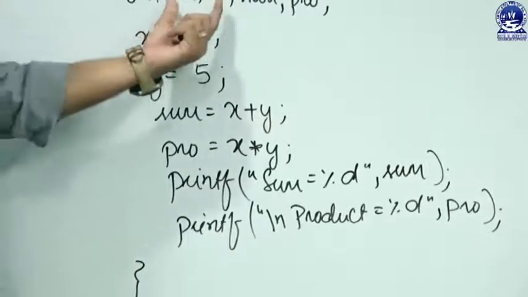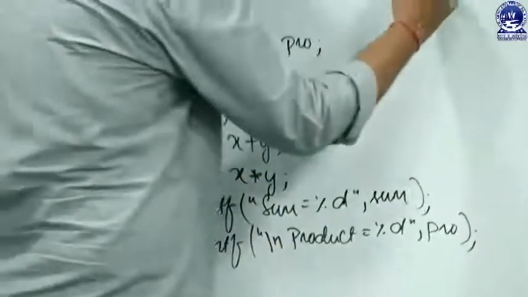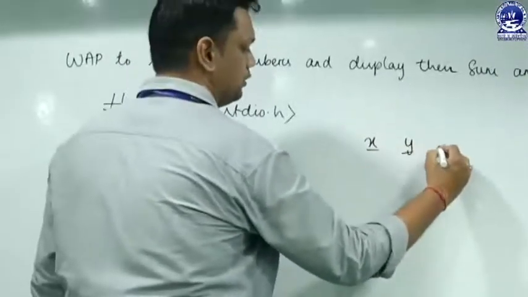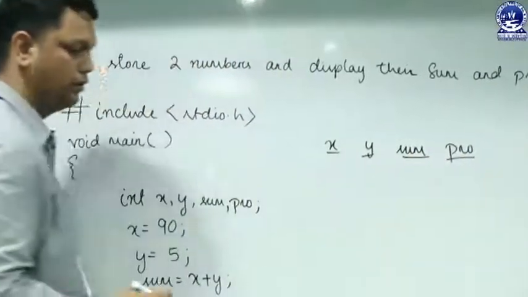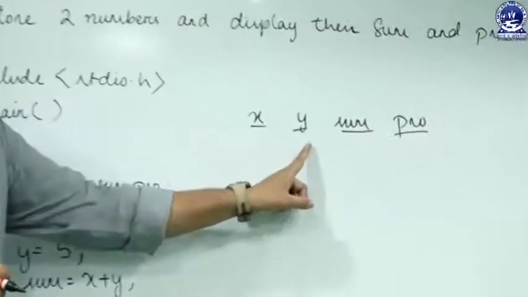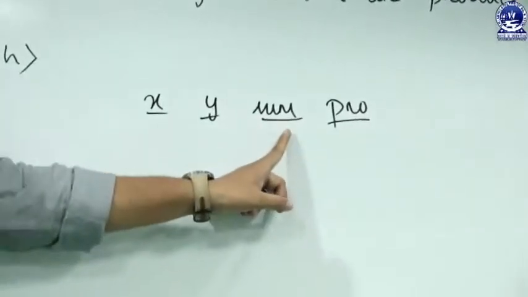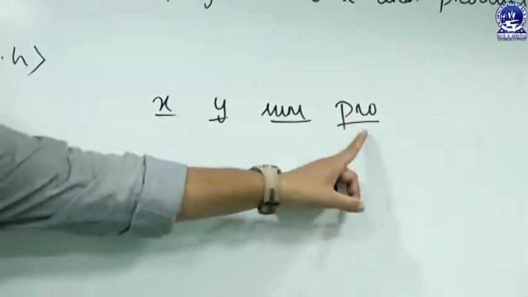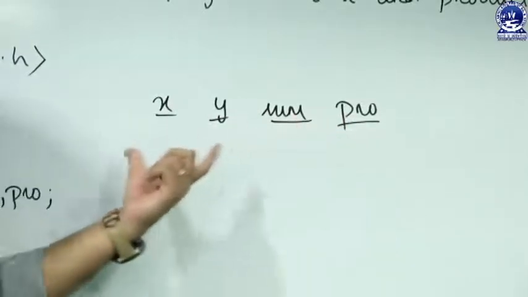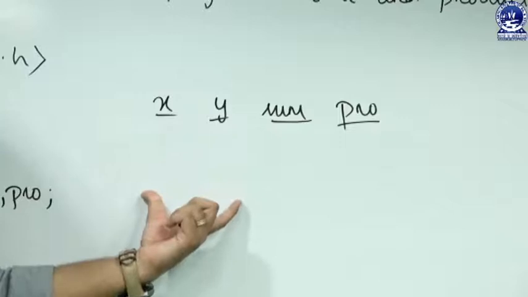So, we have taken four variables, that is x, y, sum and pro. These two variables are used to store the values. Sum is used to store the sum of these two variables, and pro is used to store the product of these two variables.